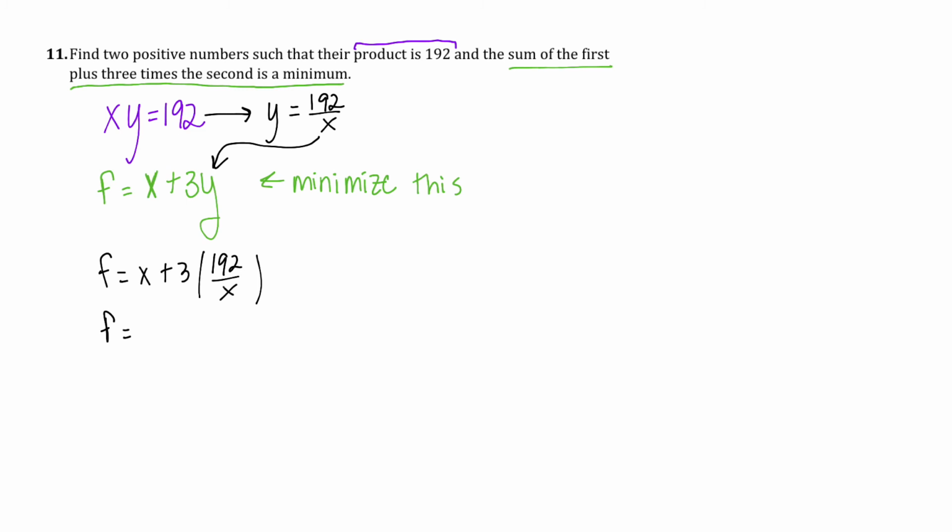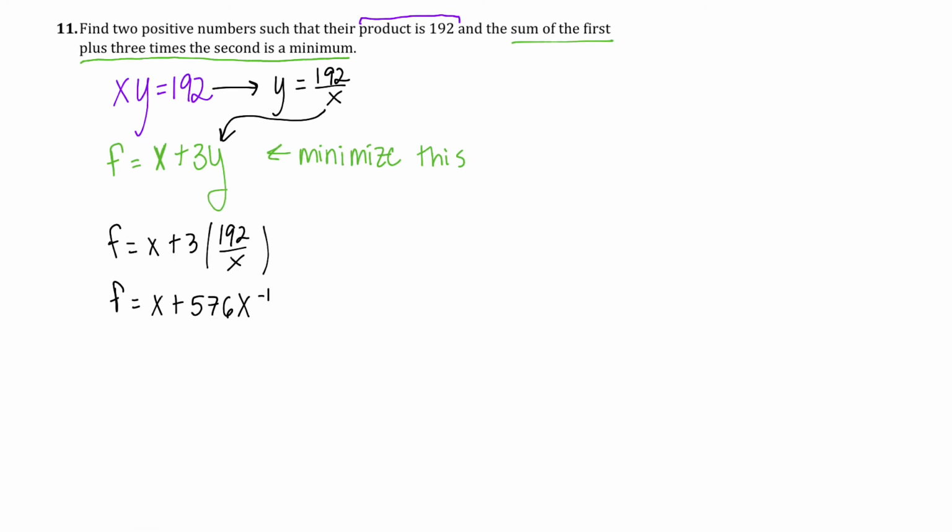Just double checking, making sure. Yep. So you have x plus, I'm going to write this as 576 and then x to the negative 1. So taking the derivative here, we have 1, and then it's going to be minus 576 x to the negative 2.